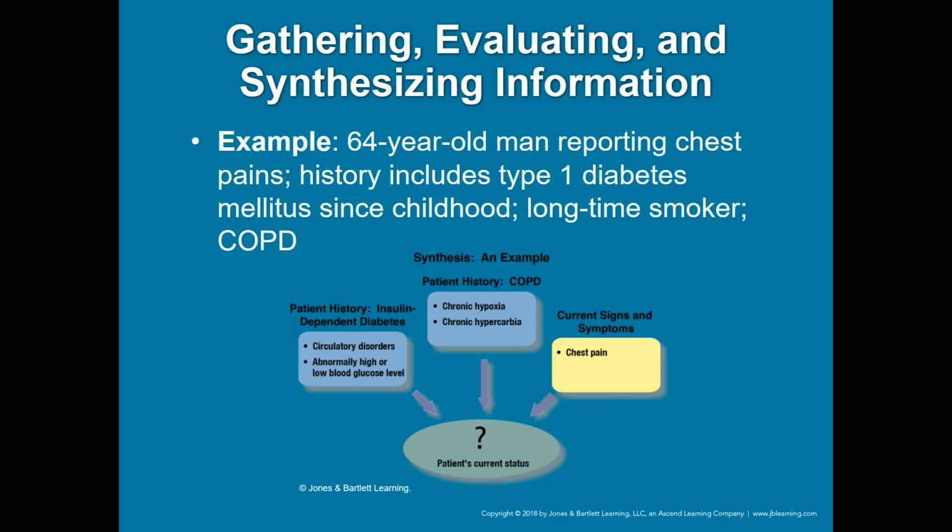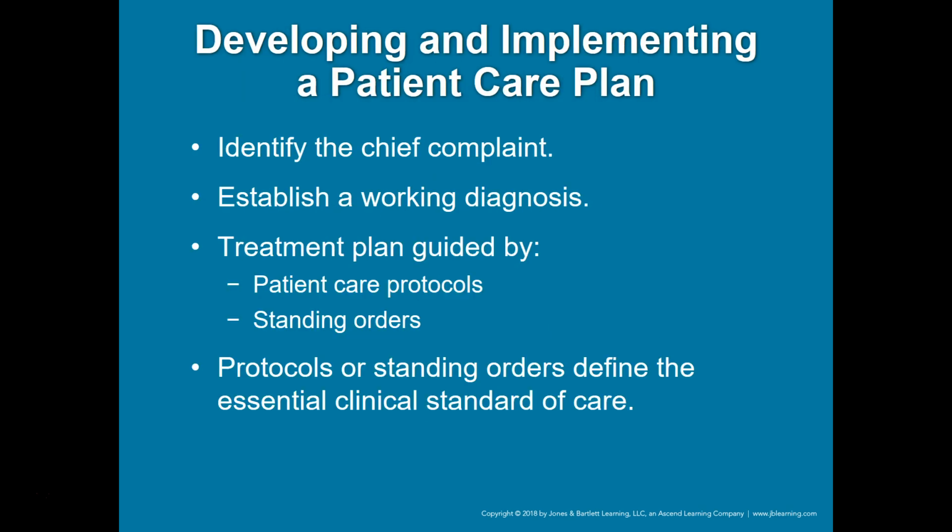So those two, for the most part, typically are inversely proportionate. And then our current signs and symptoms are going to be chest pain. And we start synthesizing, start working through this different information, trying to come to our answer. So we're moving on to developing and implementing a patient care plan.